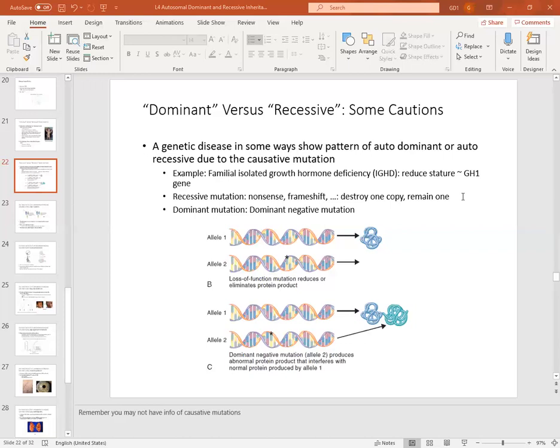But the problem is when the person changes environment from the lowland to the highland, where the oxygen amount is kind of low. Maybe he goes to the Himalaya or climbs Everest. Then the recessive will change to dominant, because the oxygen is not enough, right?